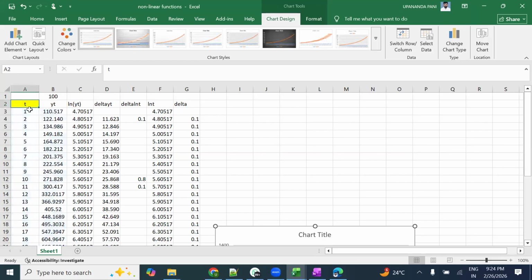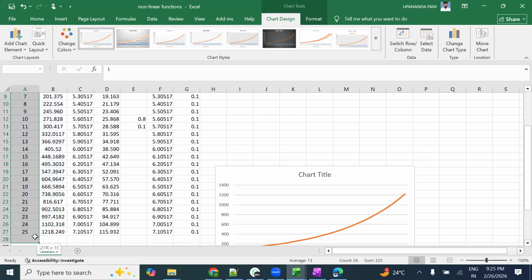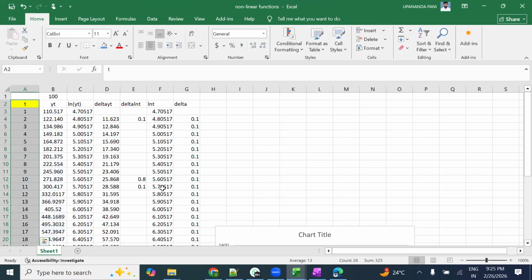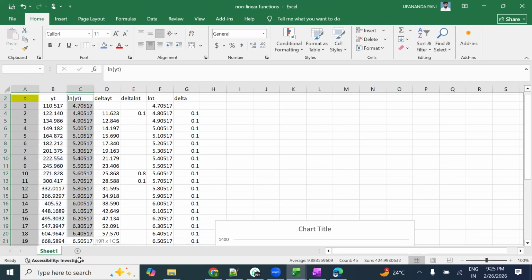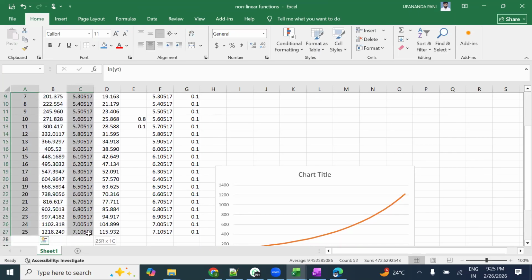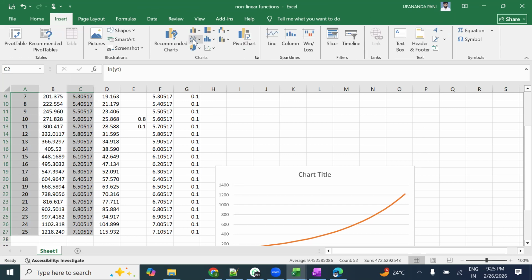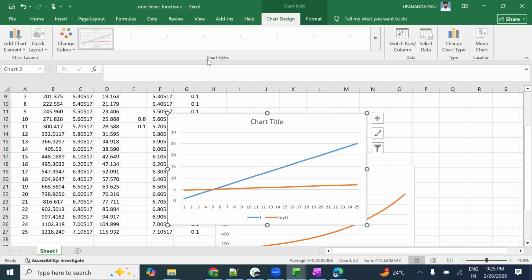What you do is you select this, then you put the control key, then you select this one, then insert, go to line, just see.